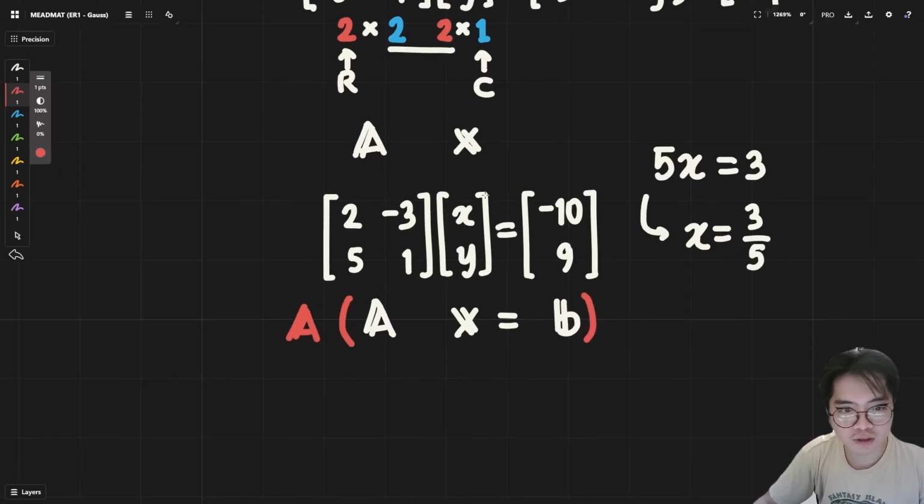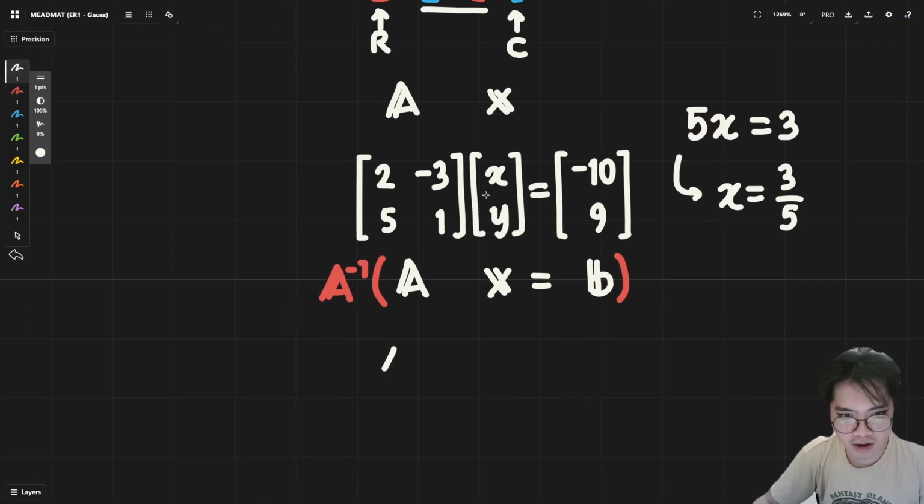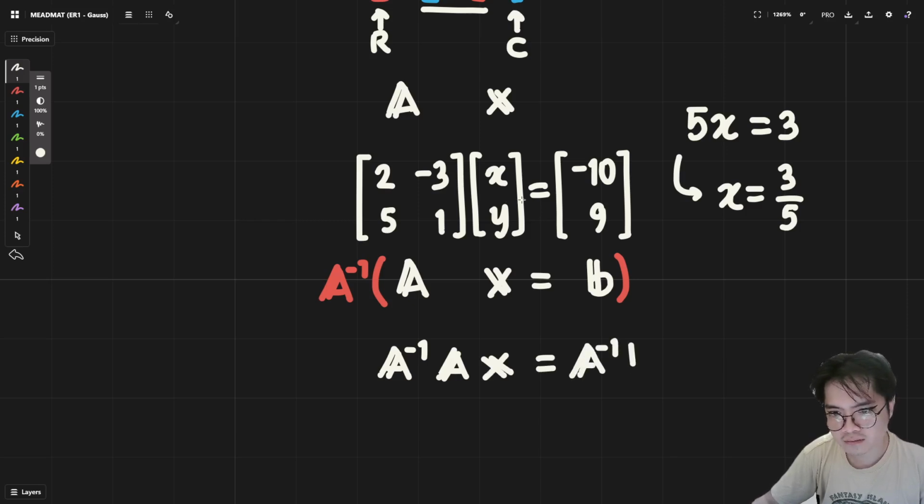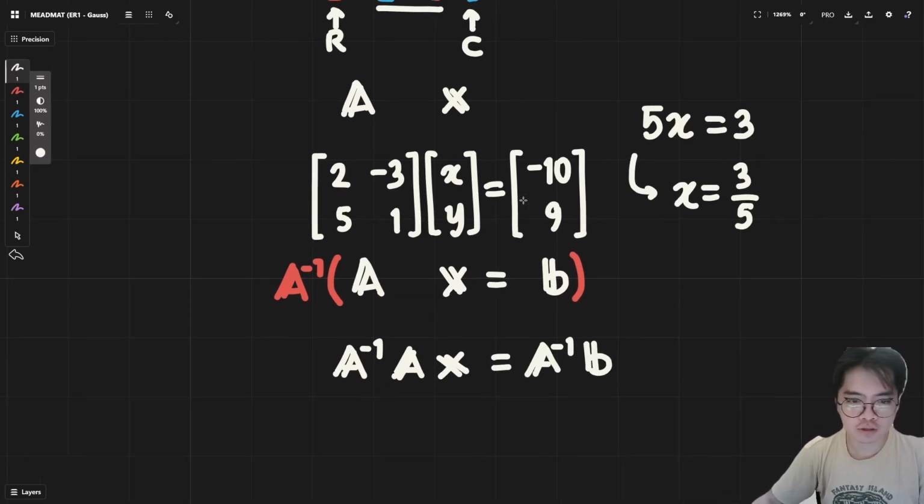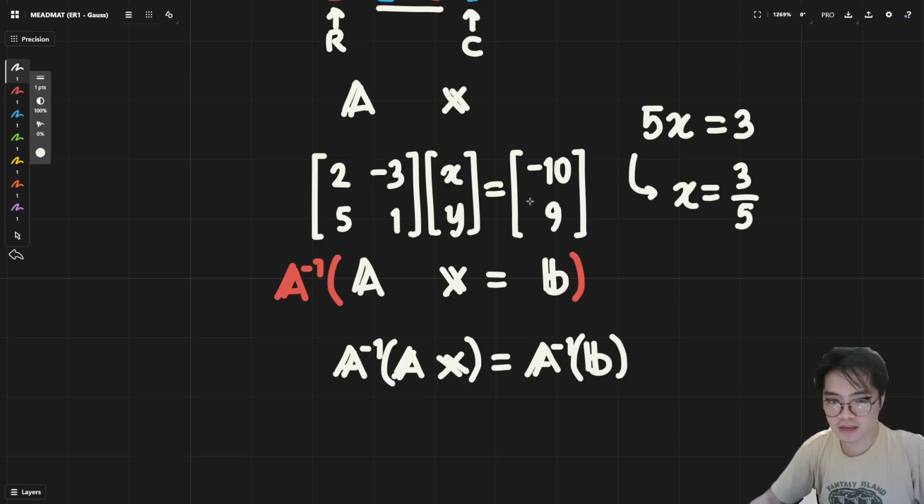We multiply by the inverse of A. In this case, what we will create is inverse of A times AX is equal to inverse of A times b. Notice that I'm sticking this in at the first part on both sides.